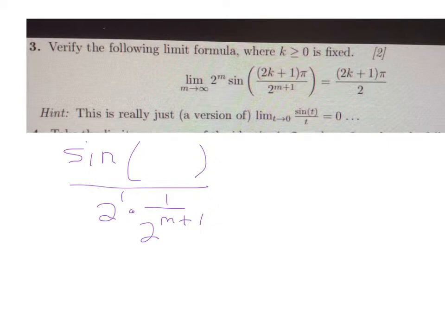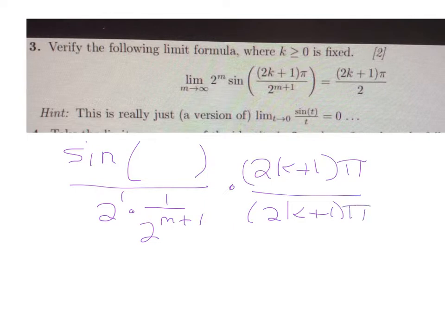The reason we're writing it like that is we want to manipulate this a little bit further, so what we're going to do is multiply the top and the bottom by (2k plus 1) pi. So I've got (2k plus 1) times pi over (2k plus 1) times pi, and that's just multiplying by 1, really.